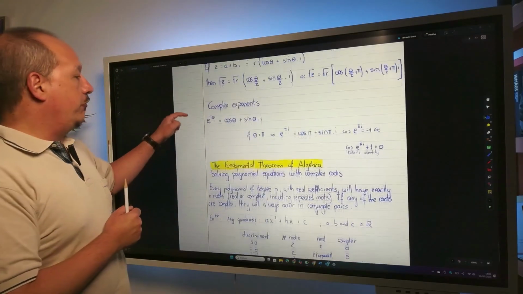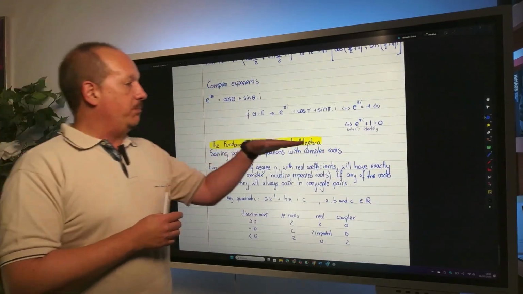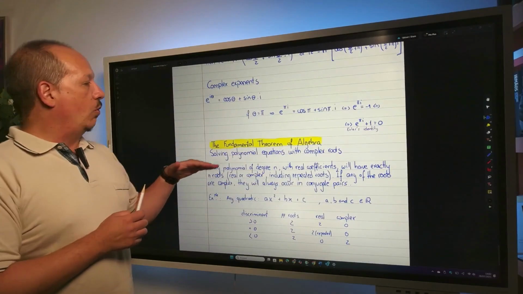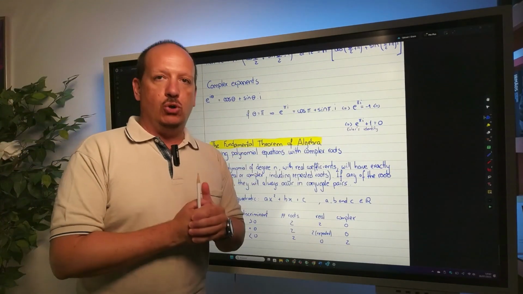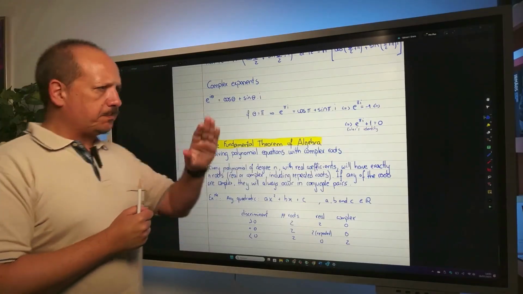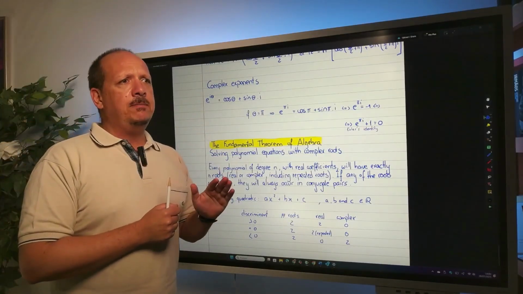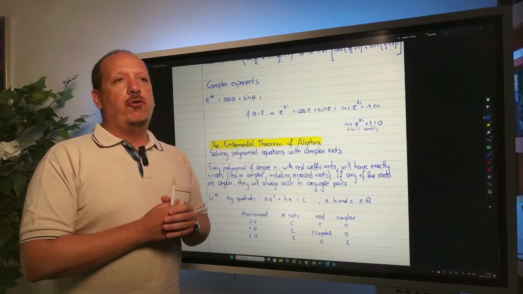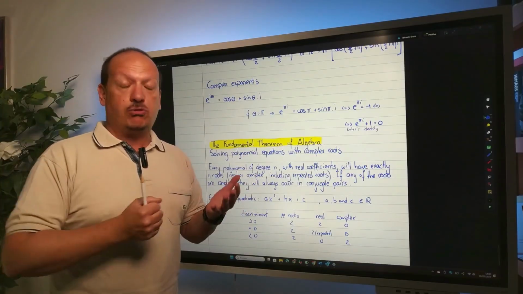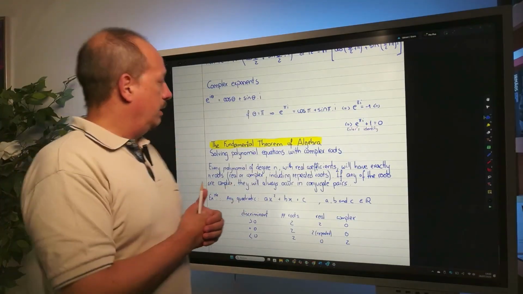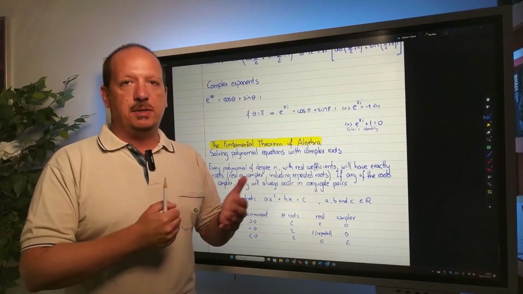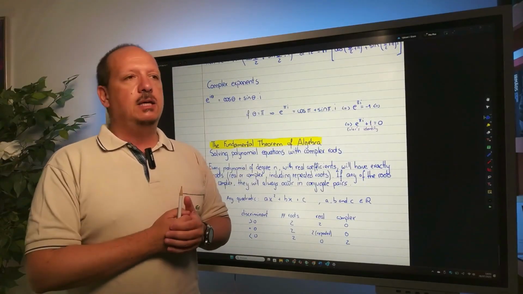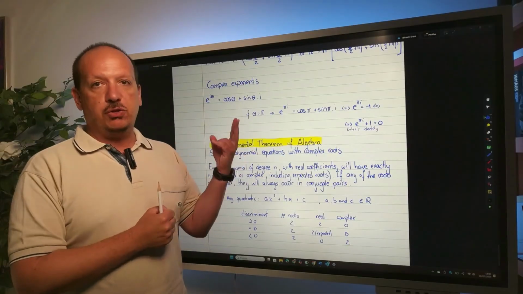We're going to end with the Fundamental Theorem of Algebra, which gives us a way to solve polynomial equations with complex roots. Until this chapter, if we were talking about quadratics, that's the polynomial equation that we most focused on since the beginning of your study of math. So polynomials of degree 2.